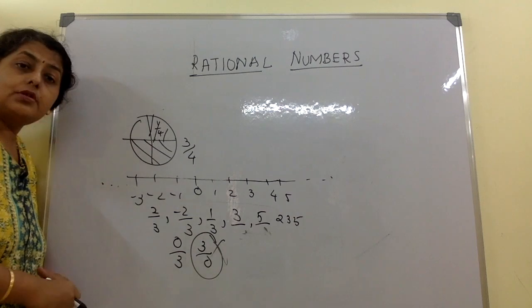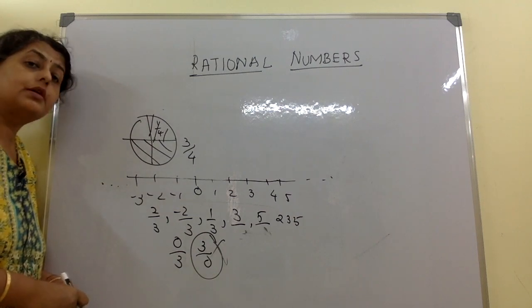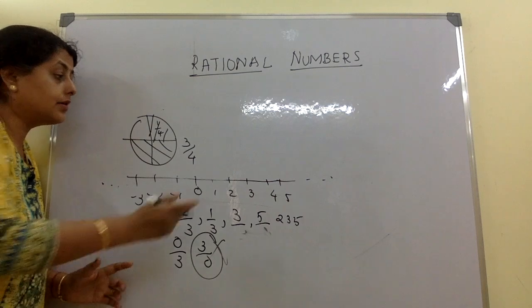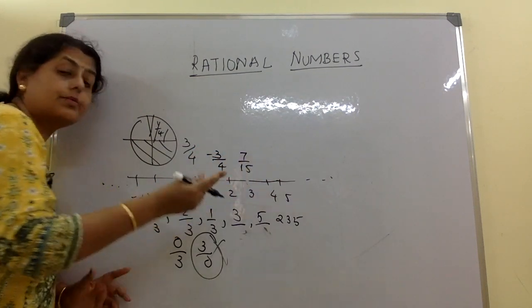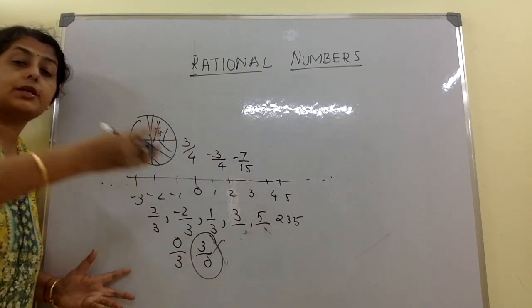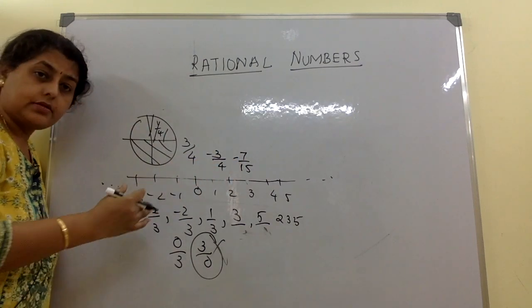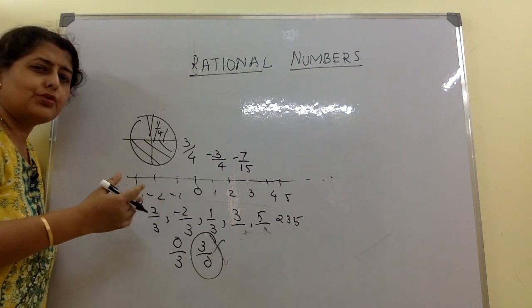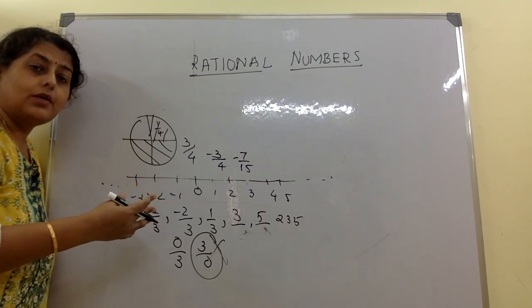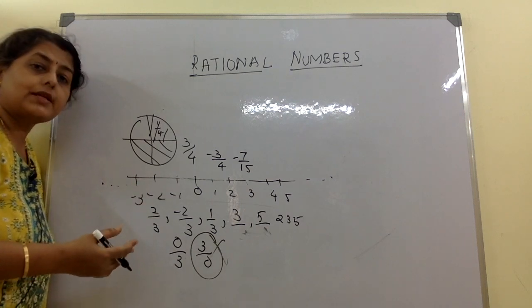So did you ever get a sum where you were asked to add minus 3/4 of a cake or minus 7 by 15 of something? Did you face it? Now you are reminded. Because you never thought of this, you didn't notice it because you were busy doing fractions.